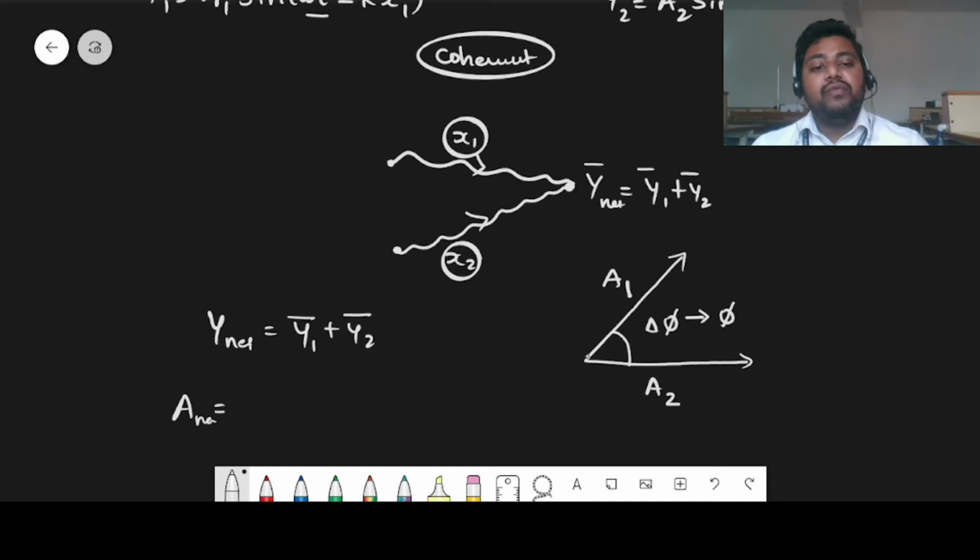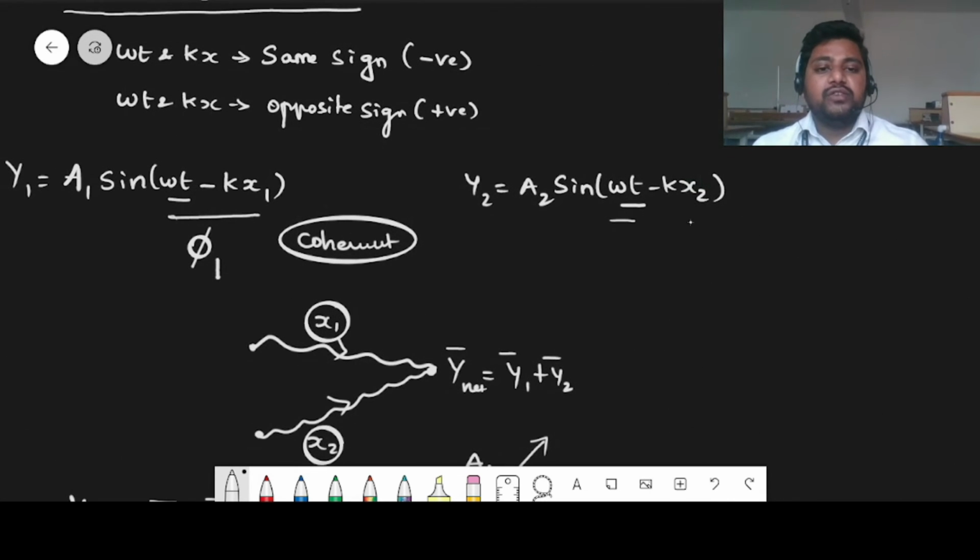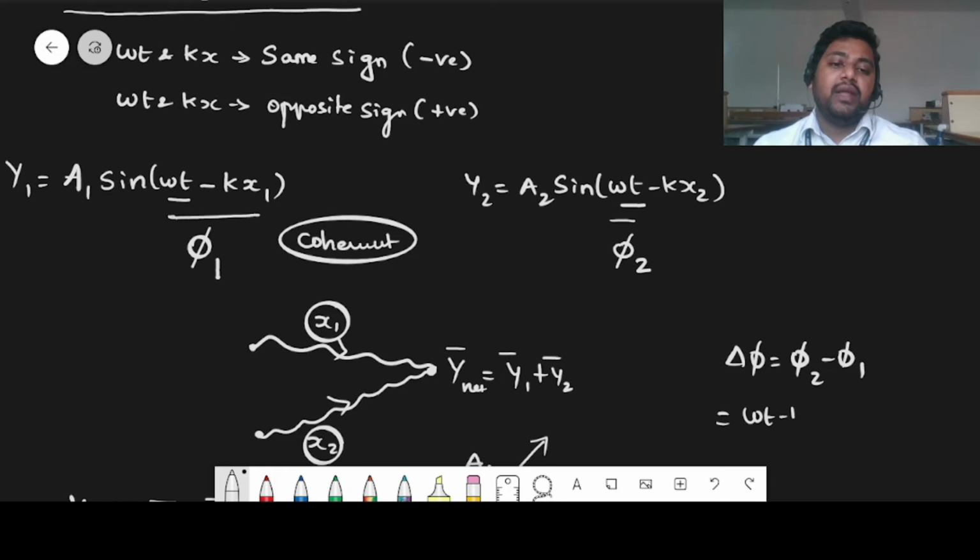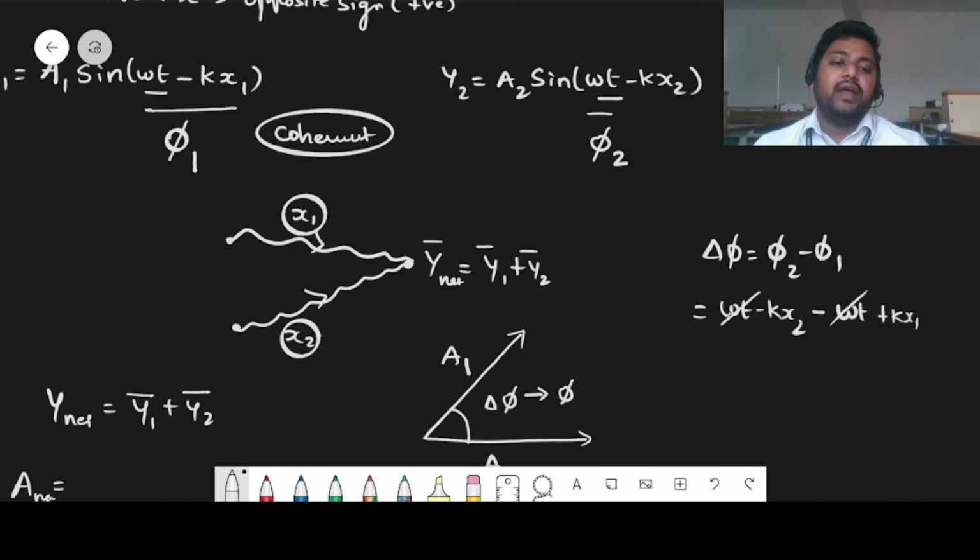From where do we get this phase? This entire angle is what we call phase phi 1, and this will be phase phi 2. Now the phase difference delta phi can be written as phi 2 minus phi 1, which is (omega t minus kx2) minus (omega t minus kx1). So the omega t terms get cancelled, and you can write it as k times delta x.